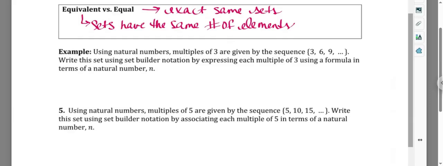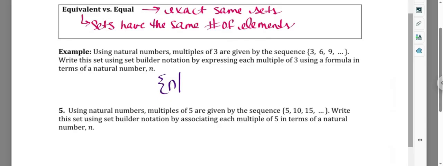So natural numbers with multiples of 3, 3, 6, 9, and so on, that would be the roster method for listing that out. If we're going to use set builder, you always identify what letter you're representing that with.